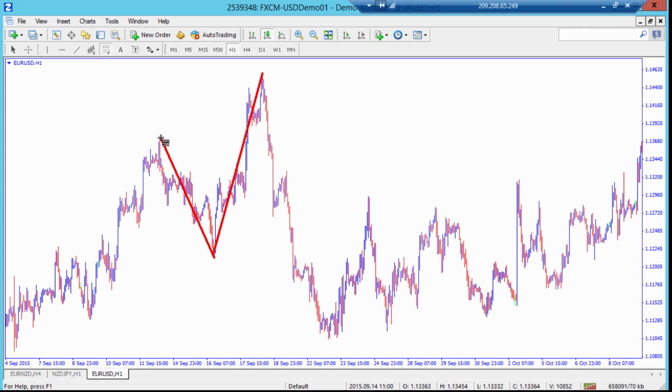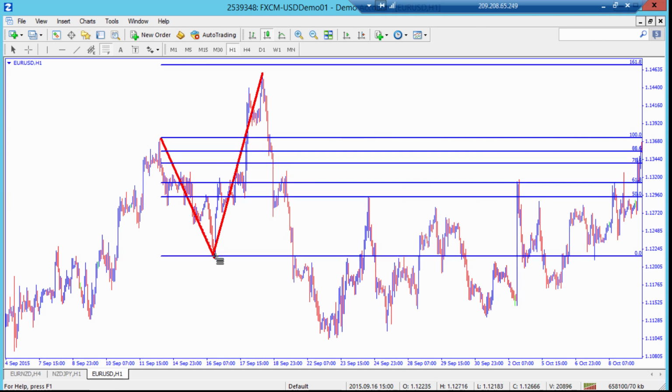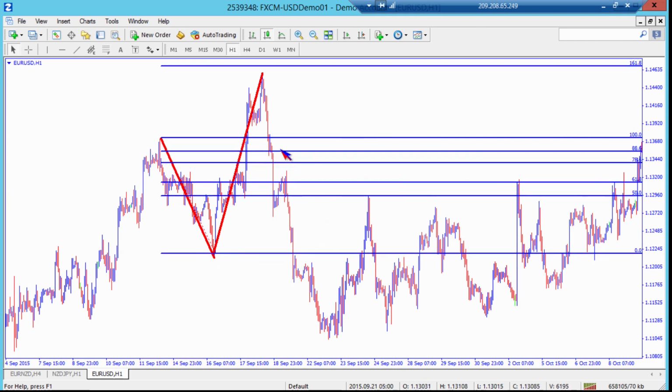When you look at Fibonacci tools, Fibonacci high to low, this would be considered an A, B, C, right? And from this high to this low, you have pretty much a 1.618 extension.